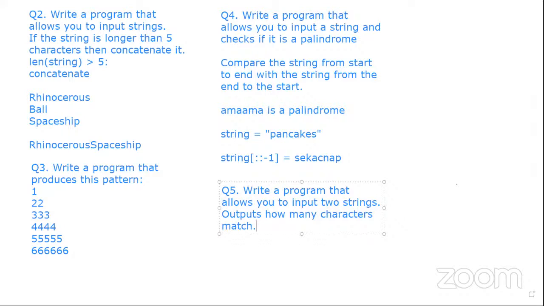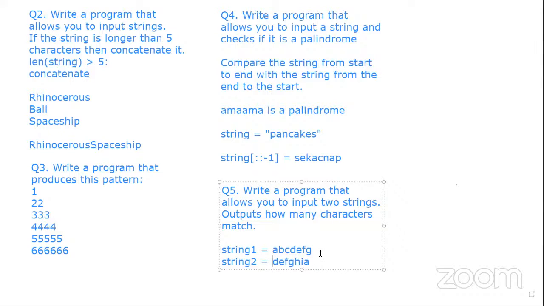So let me just give you an example of this. Say your string 1 is A, B, C, D, E, F, G. And your string 2 is D, E, F, G, H, I, A. Okay, so that's your string 1. And that's your string 2.